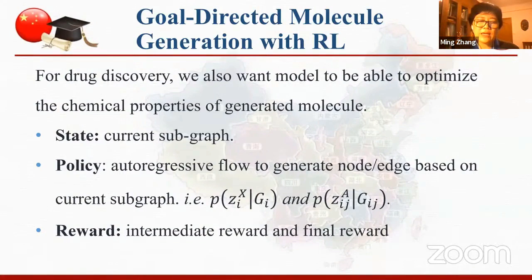So we can use reinforcement learning, and the state is the current subgraph, and the policy is an auto-regressive flow to generate nodes and edges based on current subgraphs, and we have the reward. This is an intermediate reward, and also we have some final reward.